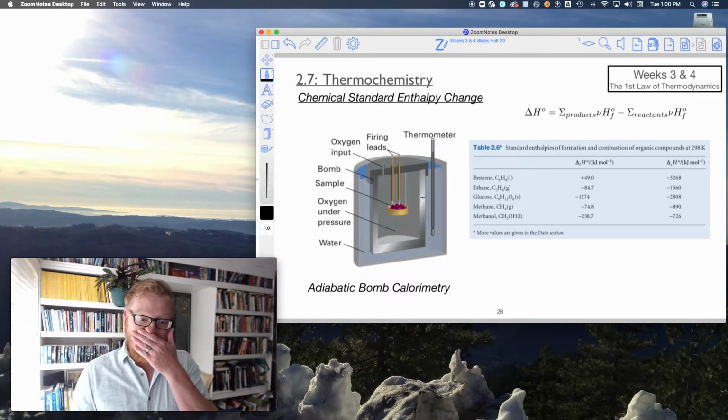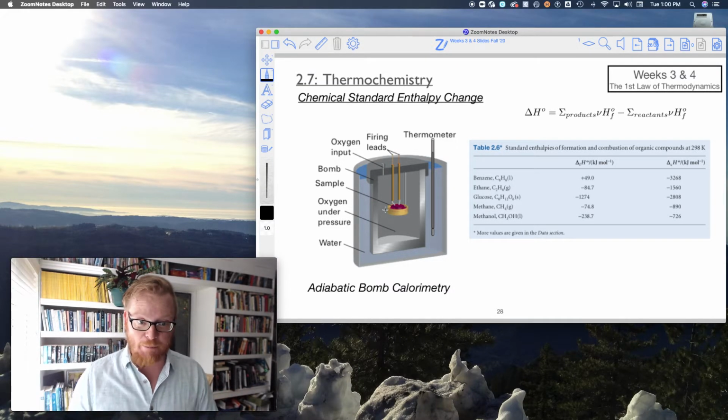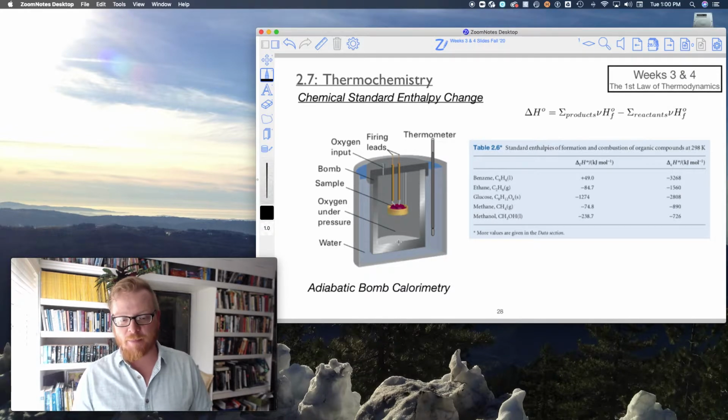Okay, so now bomb calorimetry. So we have one of these in the PChem lab. And it's pretty fun to use, although admittedly very anticlimactic, because you're expecting it to be like a bomb, right, and make this explosion, but it doesn't. Well, I should say it does make an explosion, but it's contained in a giant stainless steel chamber, which we call the bomb, okay?